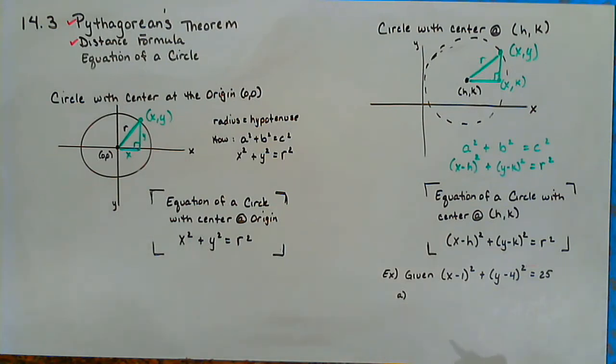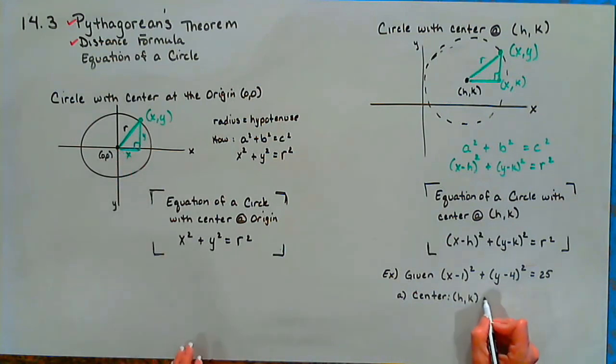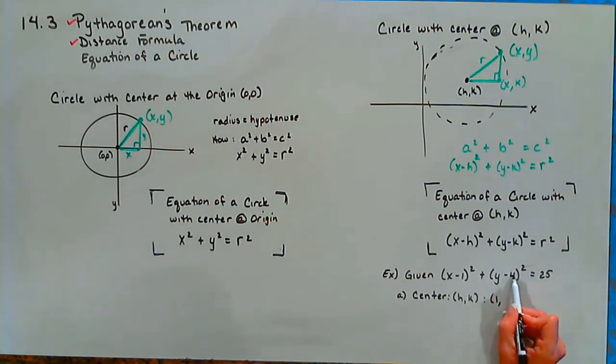In order to graph a circle, we need to have a center point. So our center is our (h, k). Our center wants to be at 0, 0. So what would x have to be in order for us to subtract 1 from it and get 0? Our x would have to be 1. What would our y value have to be so that it would translate back down to 0? Our y value would have to be 4.